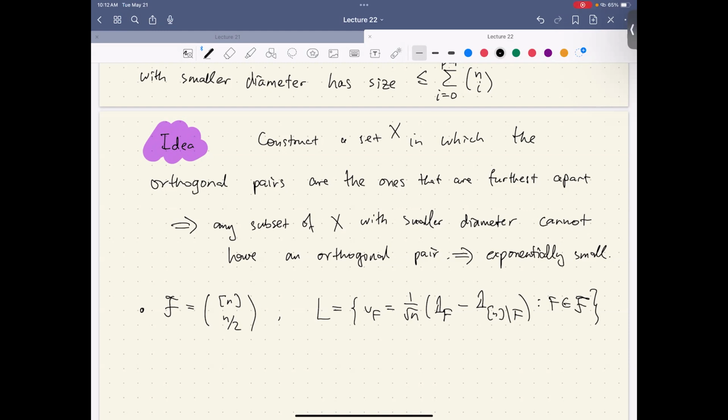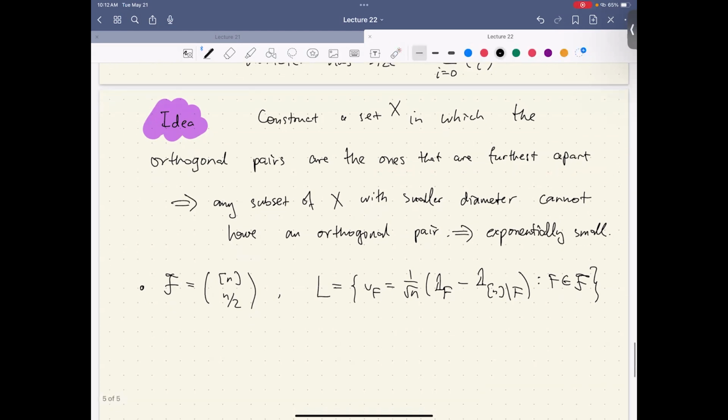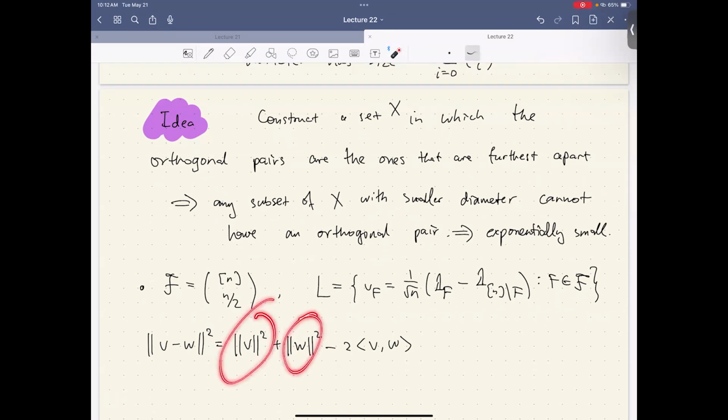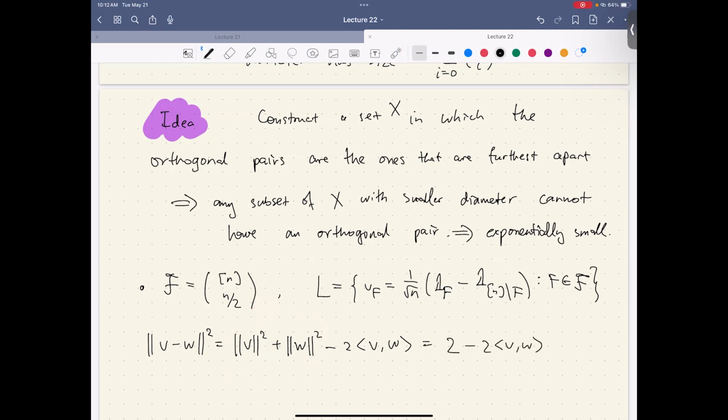Now let's write down their distance and see when they are furthest apart. Their distance, for two points v and w, is the little L2 norm expanded, that's the sum of their lengths minus 2 times their inner product. But these are unit vectors, so we have 2 minus 2 times the inner product of v and w.